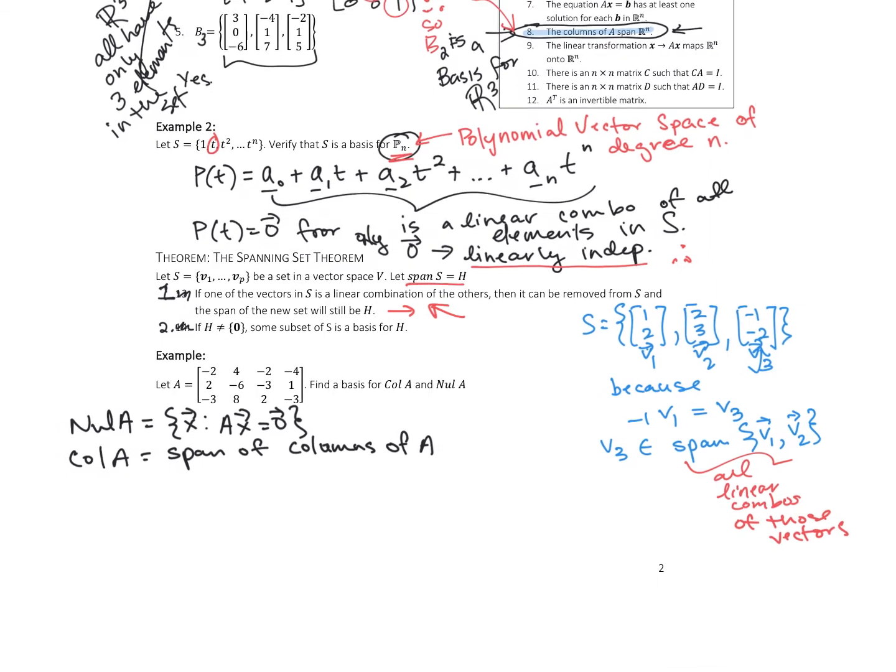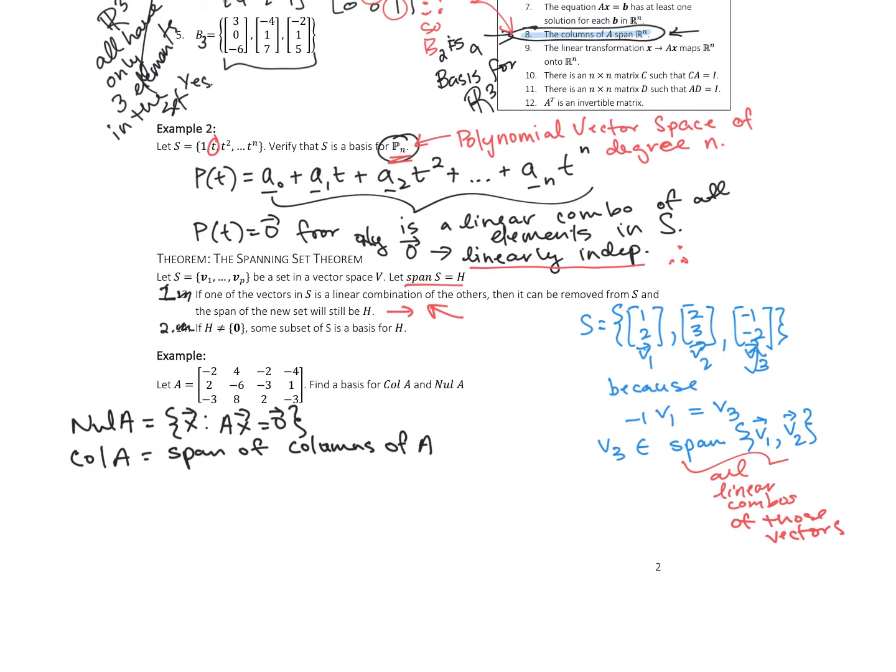Now, a basis might mean that we need to take some things out of the span of the columns of A in order to talk about that basis, right? Because the basis is the bare minimum of things that I would need in order to build the set for all of the columns of A.